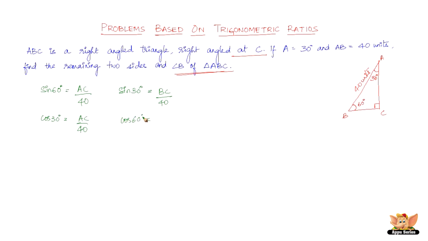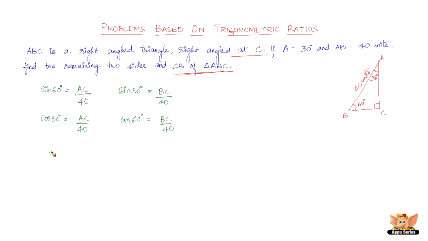Cos 60 degrees equals BC by 40. So these are the two options by which you can find both the sides. You either use sine 60 and cos 60, or use cos 30 and sine 30. Any way that you want. So what I'm going to do is use this method here.